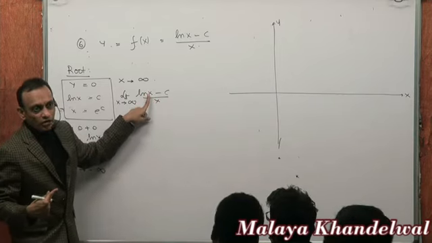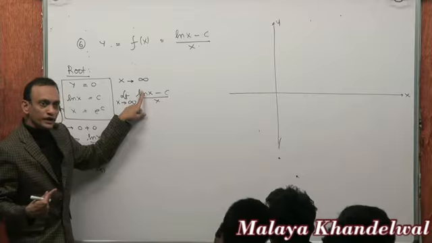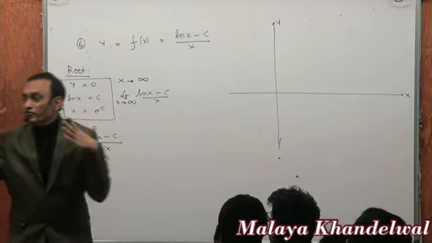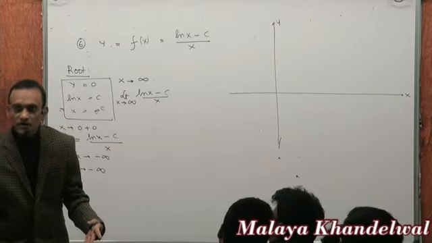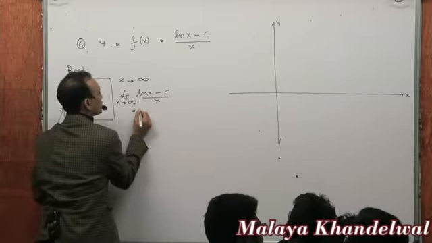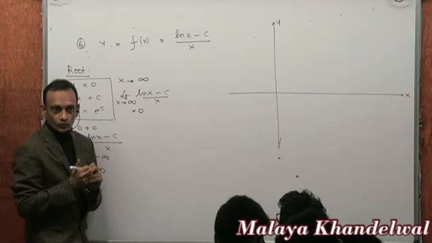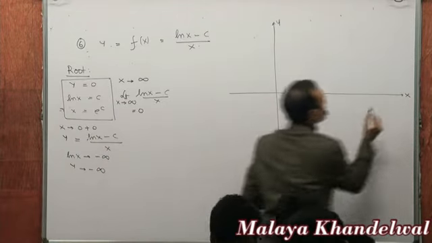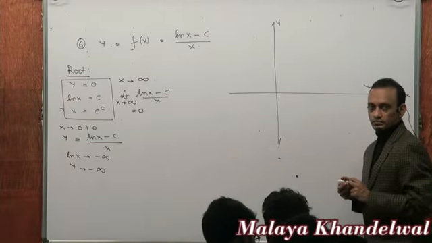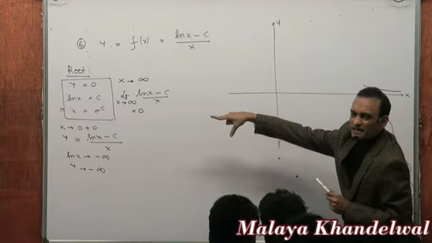So this will tend to 0, because the denominator tends to infinity faster than the numerator. Yes or no? So this is 0. That means as x tends to infinity, y tends to 0. At x equal to e power c is a root.